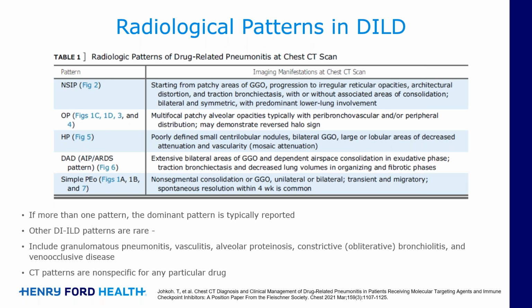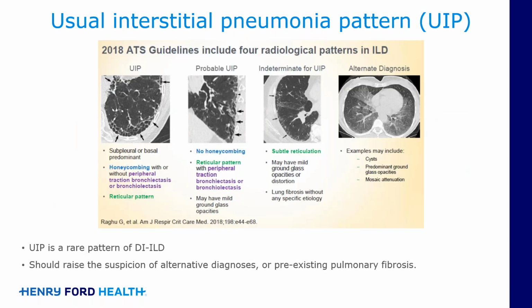Sometimes you can have more than one pattern, and if that's the case, a dominant one is typically reported. There are other rare patterns that have been described as well, including granulomatous pneumonitis and alveolar proteinosis. Again, the CT patterns are non-specific for any particular drug, and one drug can present with multiple patterns in the same patient.